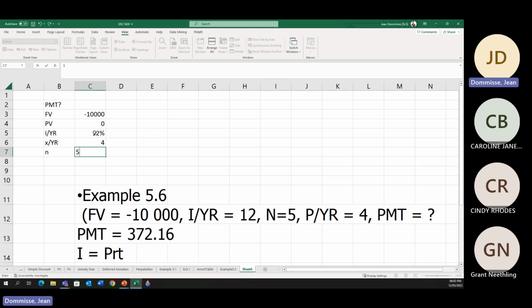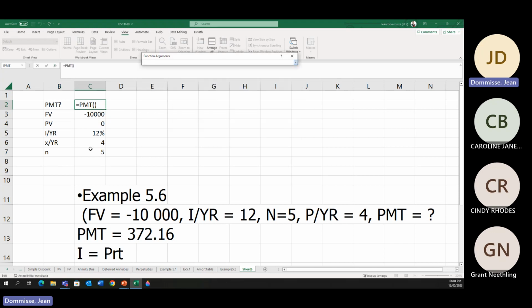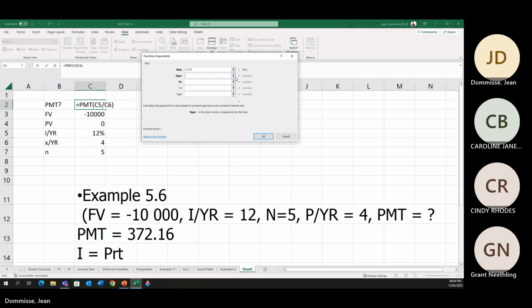Once one has set up what needs to go into it, it is much easier. So your periods would be 5 times 4.